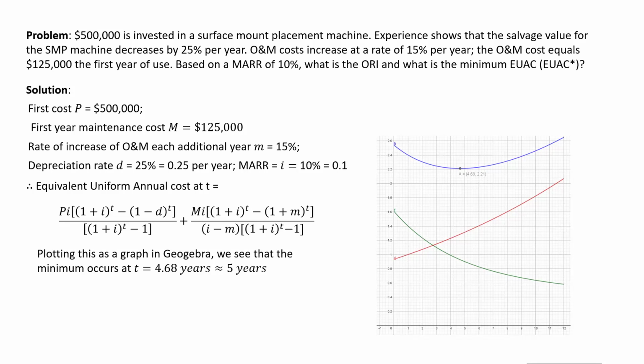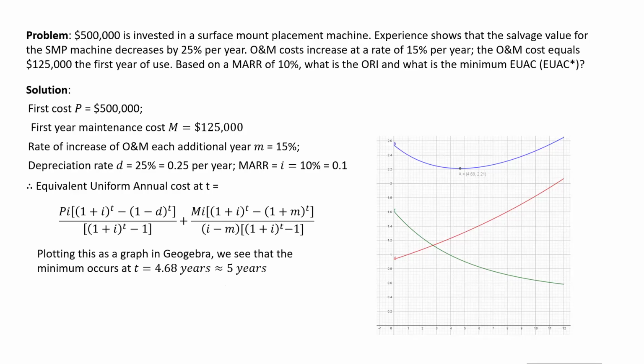The textbook people, this is what they do. They don't do this graphical approach. Instead, they just use an Excel spreadsheet and figure out for an integer number of years, 1, 2, 3, 4, 5, 6, 7. And then they just compare those values and say which one of them is smallest.